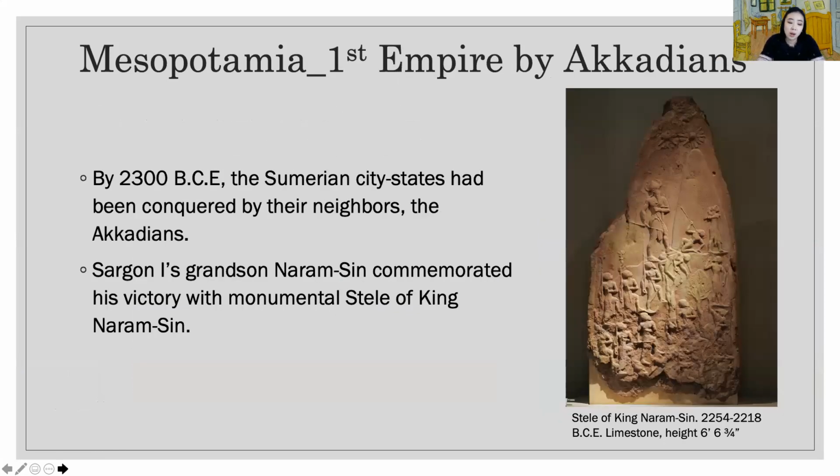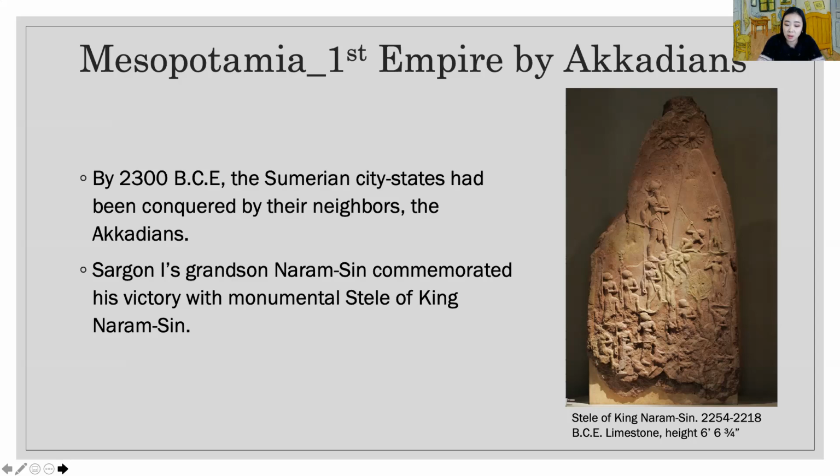By 2300 BCE, the Sumerian city-states had been conquered by their neighbors to the north, the Akkadians. Under the ruler Sargon I, the Akkadians established the region's first empire.